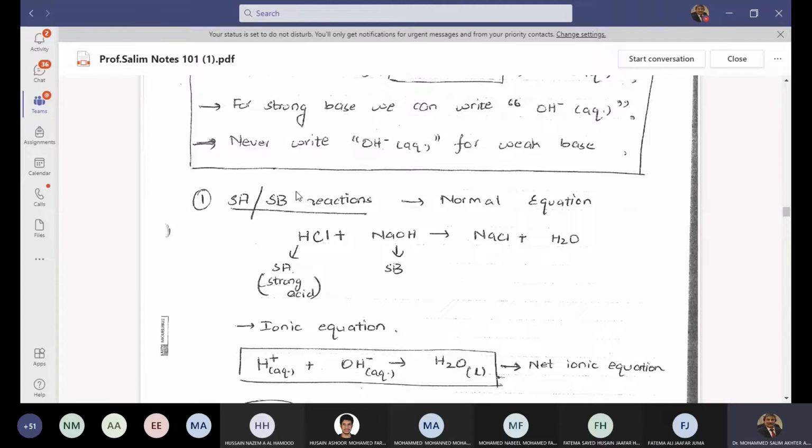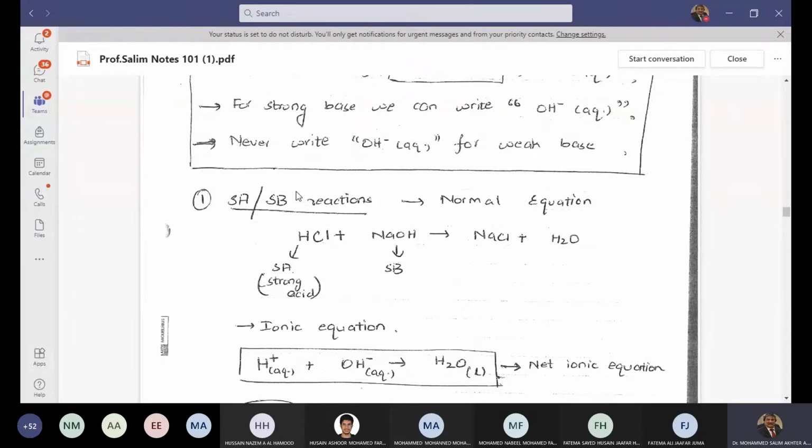This is number one. Number two, weak acid, strong base. What is number three? Strong acid, weak base. Weak acid, weak base is number four, not required.